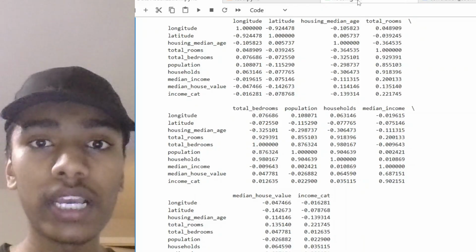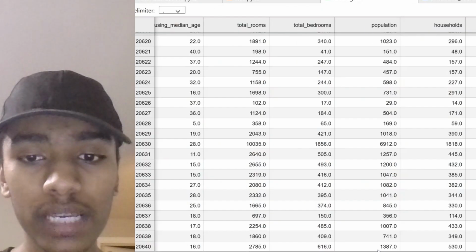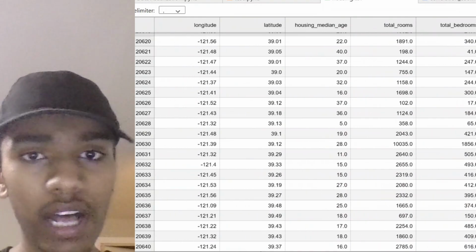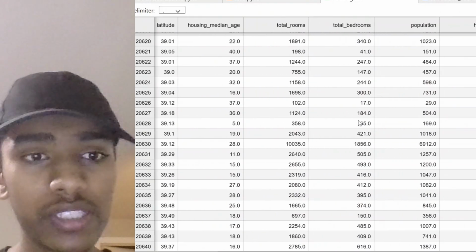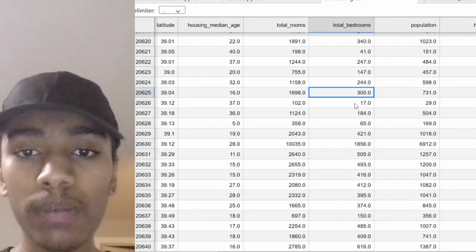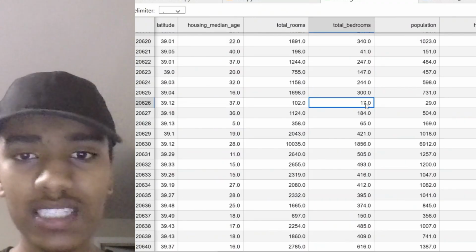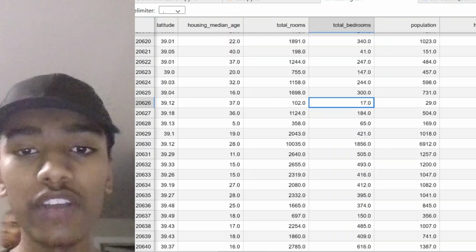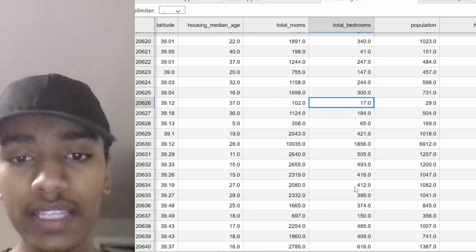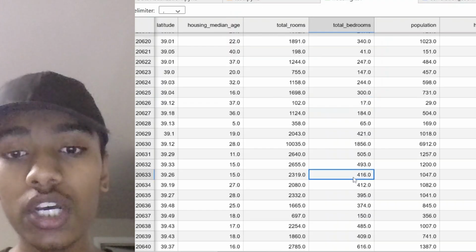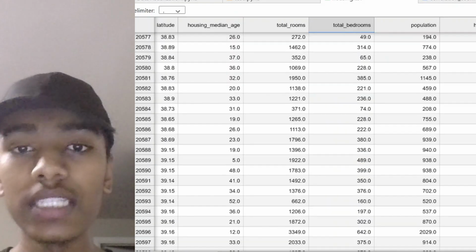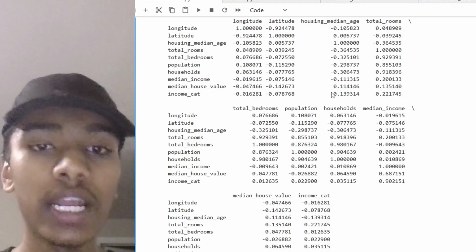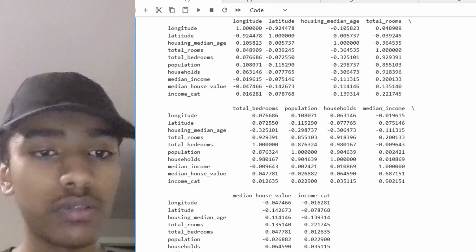Let's take a look at how many total bedrooms there are normally in our CSV file. For many of these districts, 300 total bedrooms. One district is actually 17 total bedrooms, which means there's probably very few houses in that district. But in this district here, 416 total bedrooms. So it's for the entire district, and it's important for you to know that.